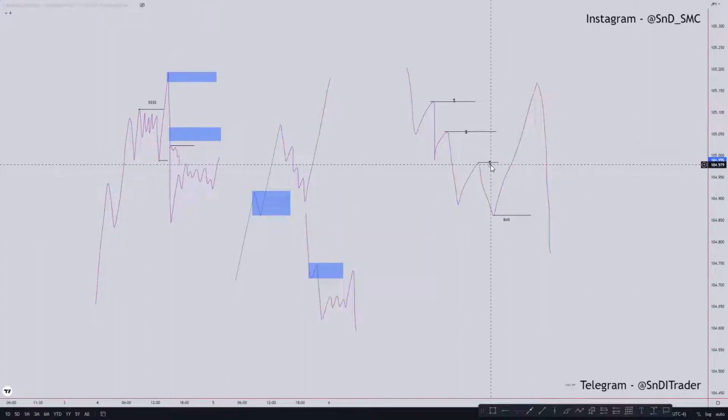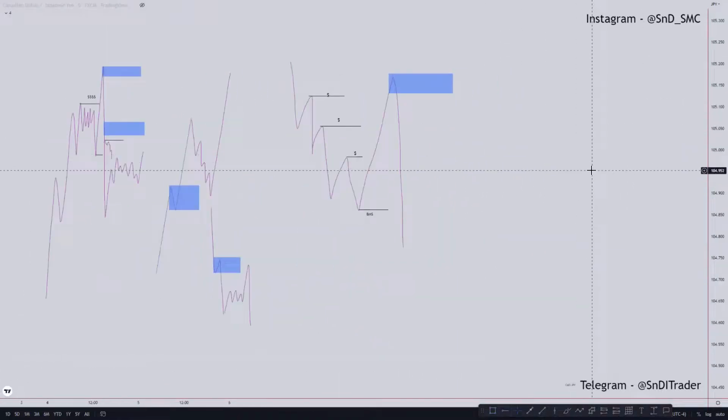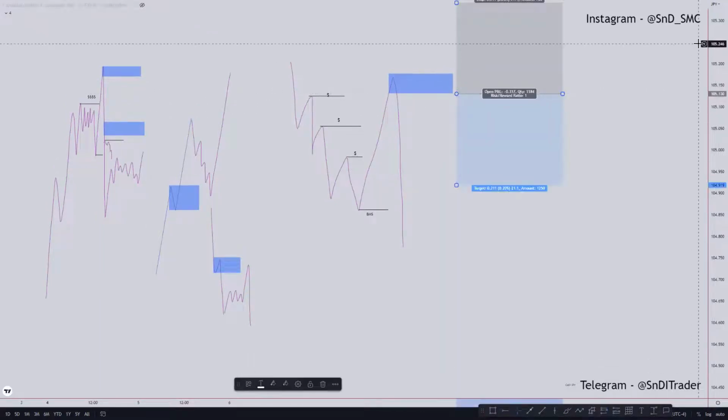And after taking out all those liquidity, this has given a nice breaking market structure towards the downside. So this last high can be considered as a good sell zone. So market can probably come here and drop from this zone.